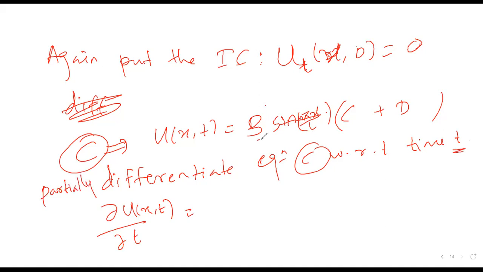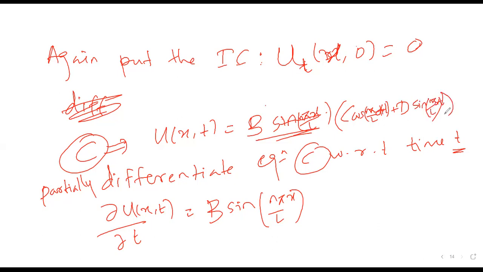No need to consider this one; it will stay as it is, like a constant. So only the part here will change: c cos n pi over L alpha t plus d sine n pi over L alpha t.